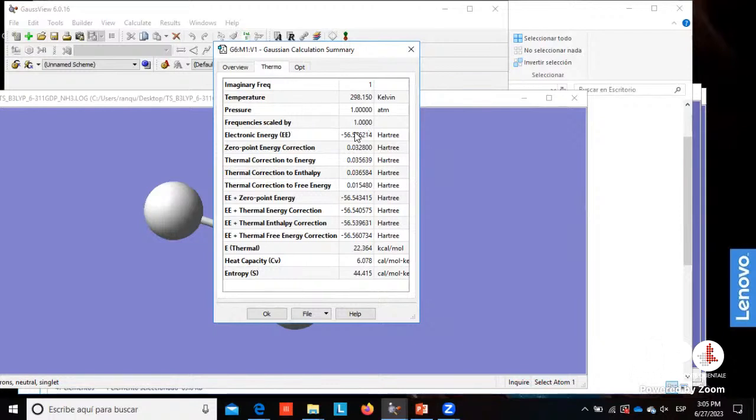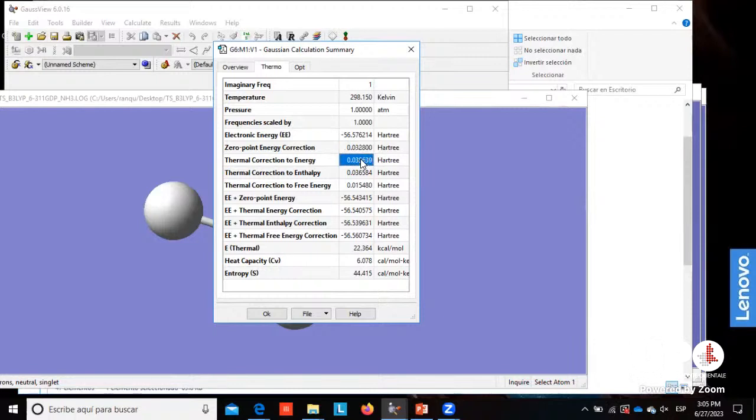We have the electronic energy in Hartrees. We have, of course, the zero-point energy correction. So you know that your vibrational energy is not zero even at 0 Kelvin, right? So you always have a zero-point energy correction that you need to take into account. And since you calculate the frequencies, you can incorporate that correction to the energy.